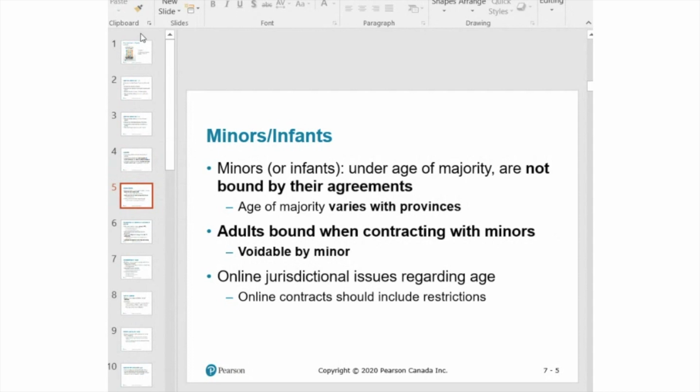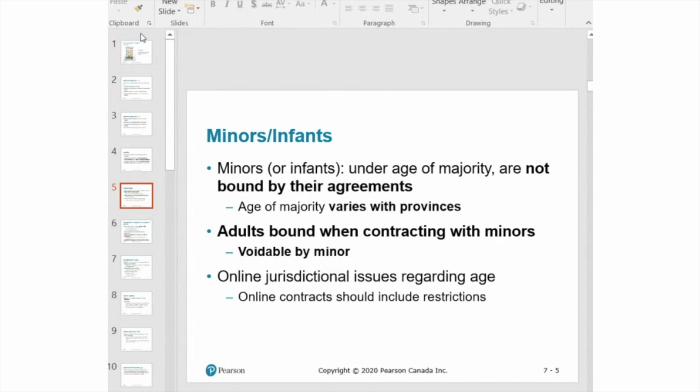Again, in principle valid, but may be cancelled by the minor. However, it is not voidable for the adult or for the other party, the company, the corporation. Why? Because the law understands that minors or infants need to be protected by the law.